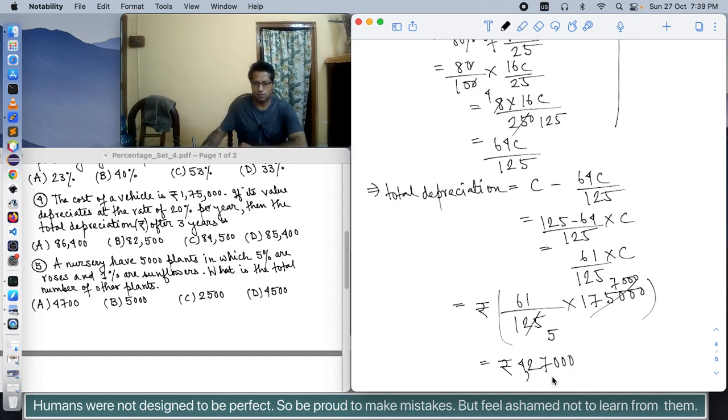So 4,27,000 is the total depreciation, and there are no choices such as 4,027.